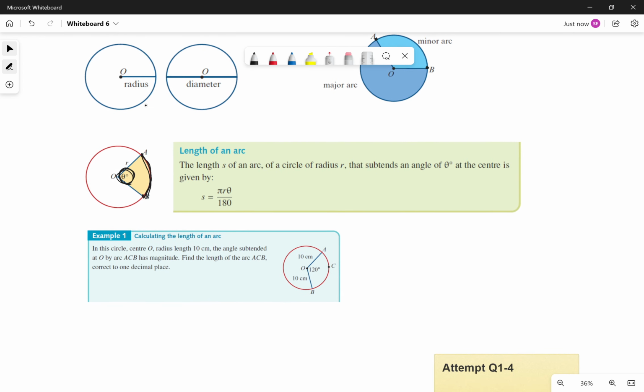So the reason they're putting C in there is so they know you have to calculate this arc and not the big one. Cool. It's got magnitude, so the angle's 120 here. It doesn't tell us in the question, but whatever. And they want us to find the length of the arc.